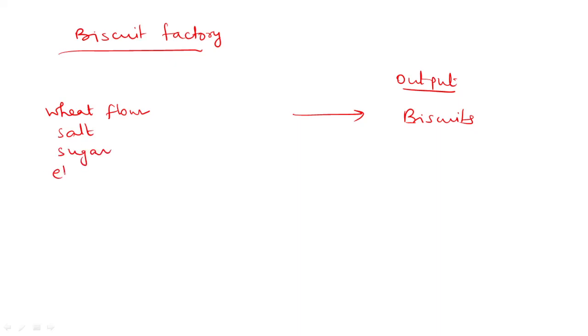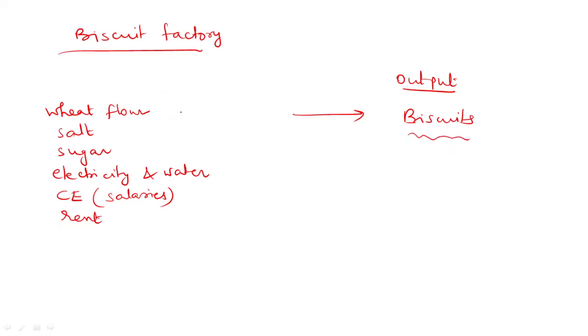We can add more, like electricity and water and any other utilities, and compensation to employees, which is nothing but salaries which are given to the labor. And then we also have rent towards land and all other expenses. So all these are called inputs and the output is nothing but biscuits.